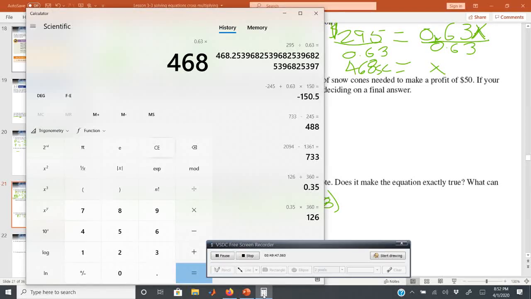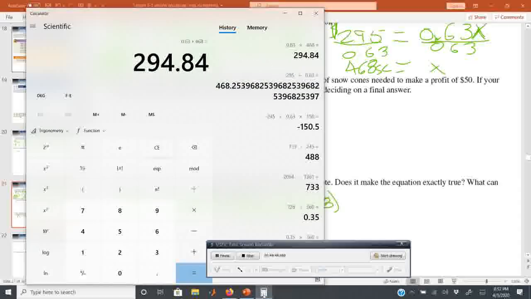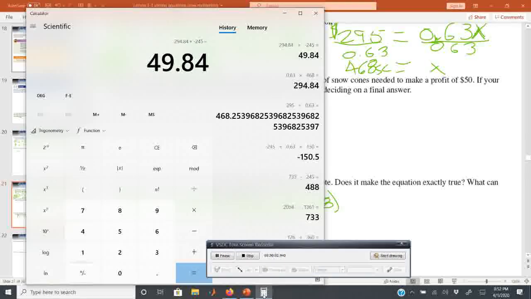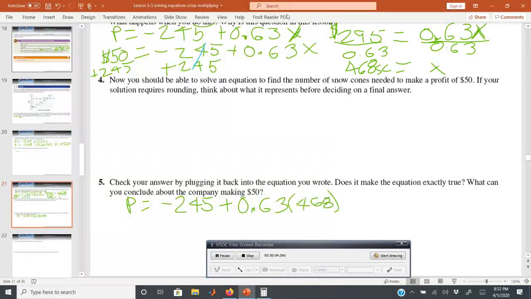And the equation says take 0.63 times 468. Gives me 294 plus 245 negative. And you'll notice I did the multiplication before I added. And I get 49.84.